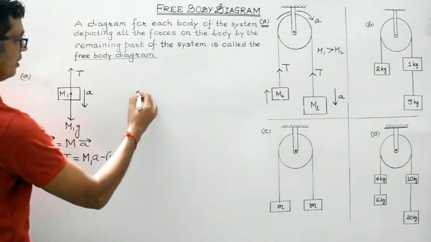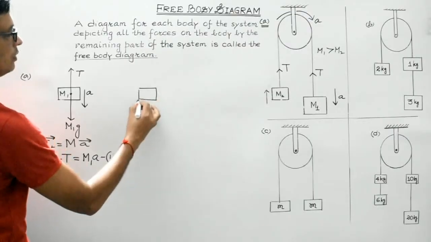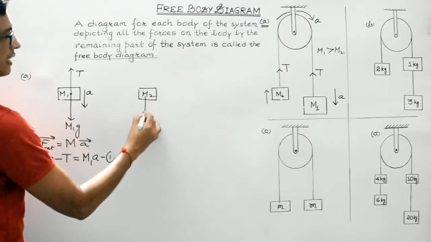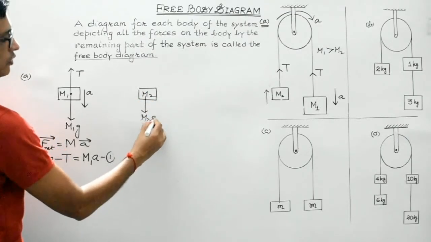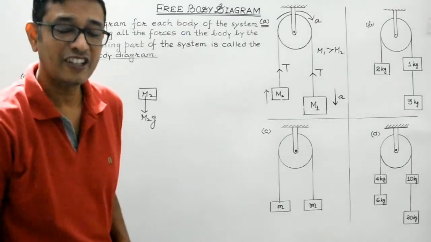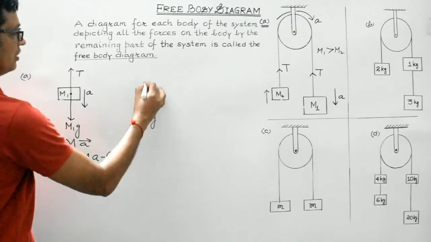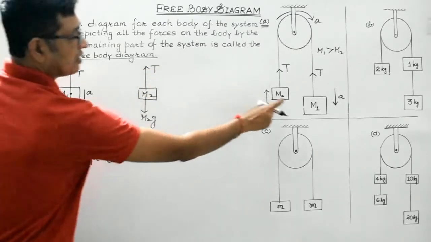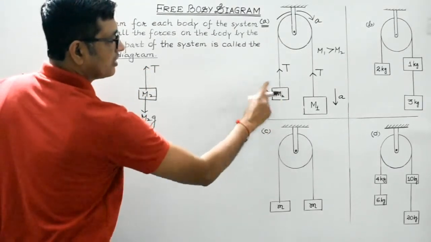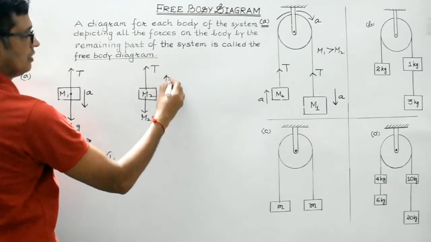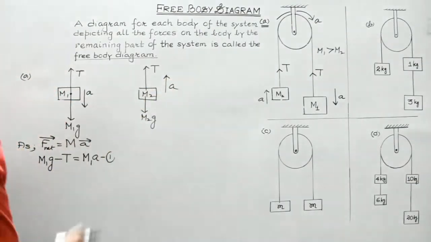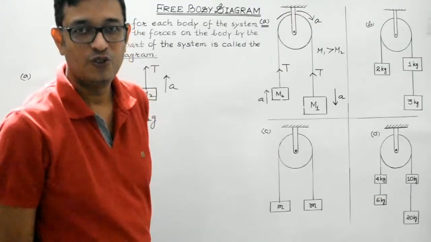This is M2. What are the forces acting? One will be its weight, which will always act vertically downward along the radius towards the center of the earth, and this is the tension acting over here. In this case, this body is getting accelerated in the upward direction. So this is the free body diagram of mass M2, right?